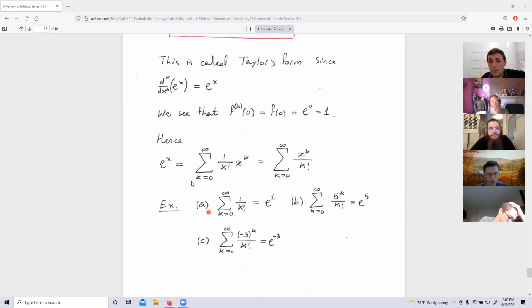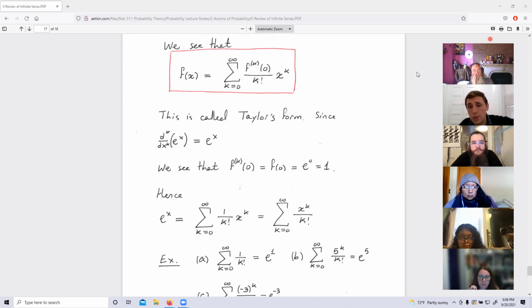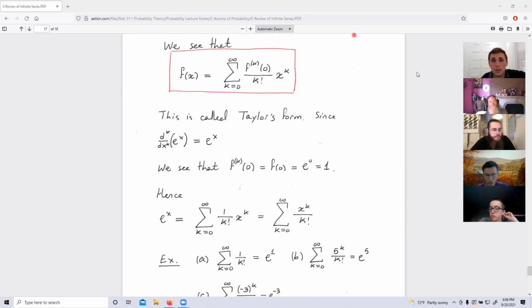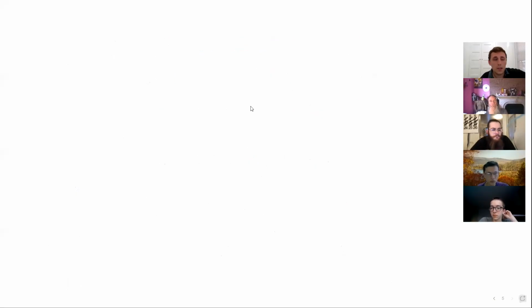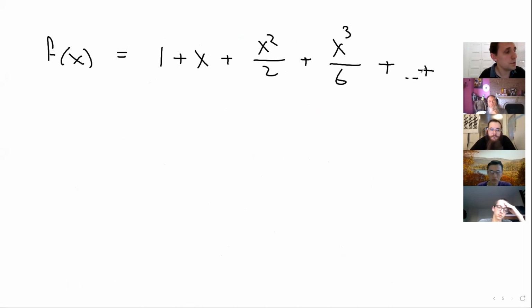Now, in practice, you can show that this infinite polynomial will satisfy exponential properties for all integers, and for all rational numbers. In other words, this is what I mean. If I have a function defined like this, 1 plus x plus x squared over 2 plus x cubed over 6 and onwards, right?